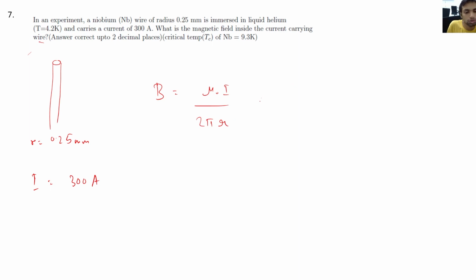So it is 4 pi into 10 to the power minus 7 into I, which is 300 ampere, over 2 pi, and radius is 0.25 into 10 to the power minus 3 meter. So this is your magnetic field inside the current carrying wire.